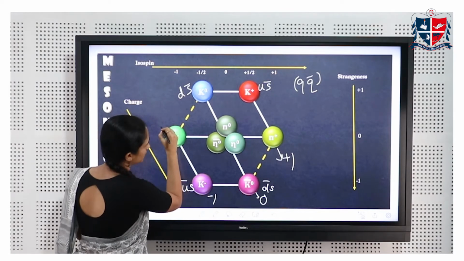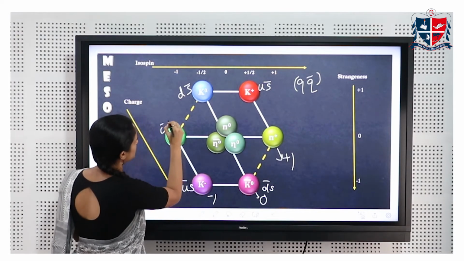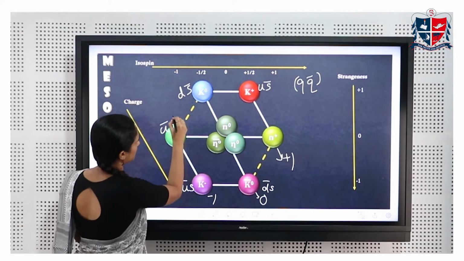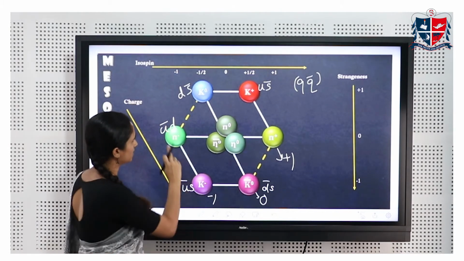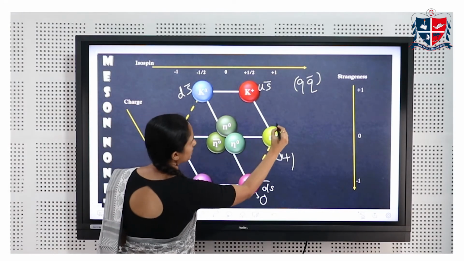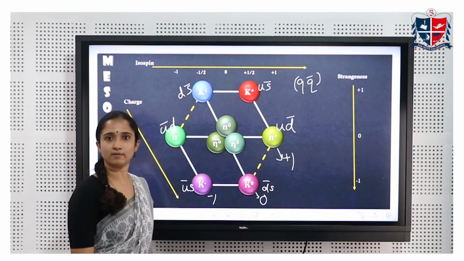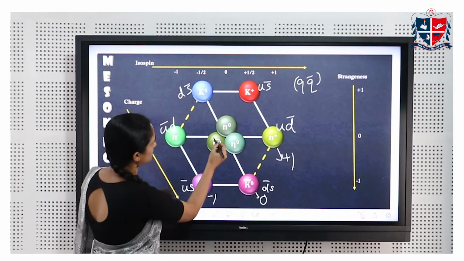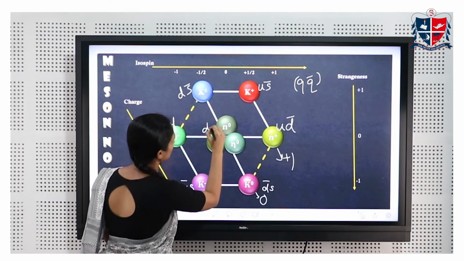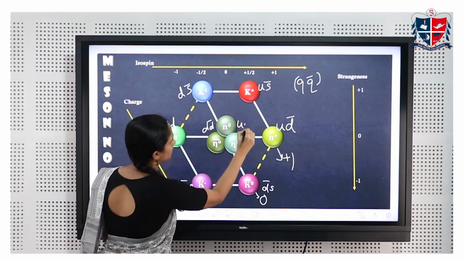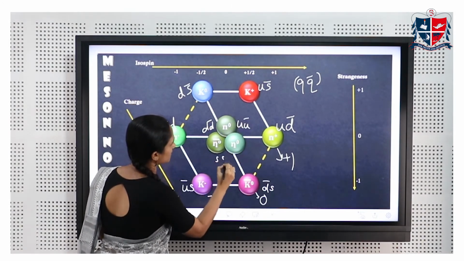Similarly, here you can find there is no strangeness. So this is charge -1, write it as U bar D. The antiparticle is here, so this will be U D bar. Fine. And at the center, you will have D D bar, U U bar, and S S bar.